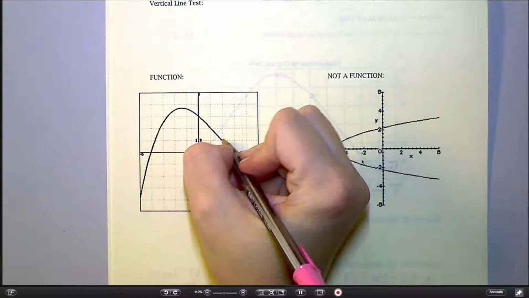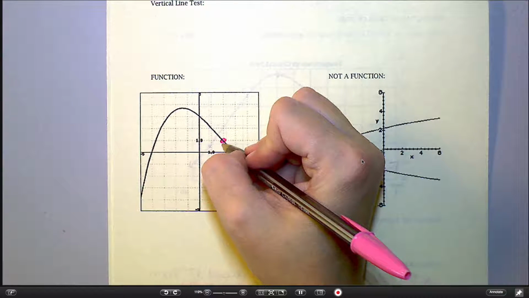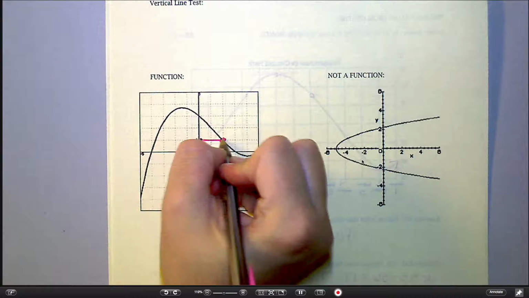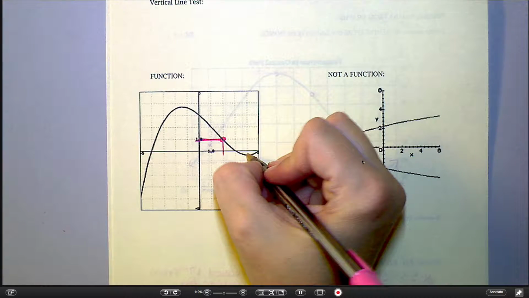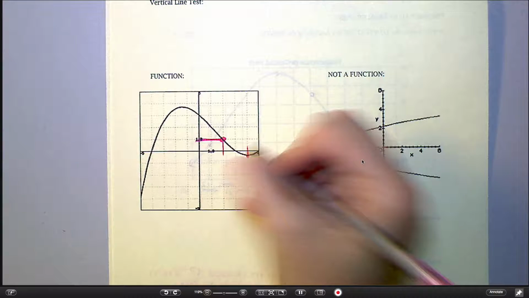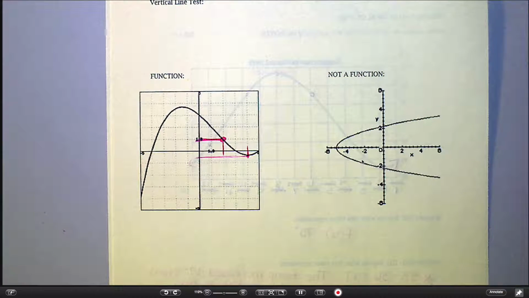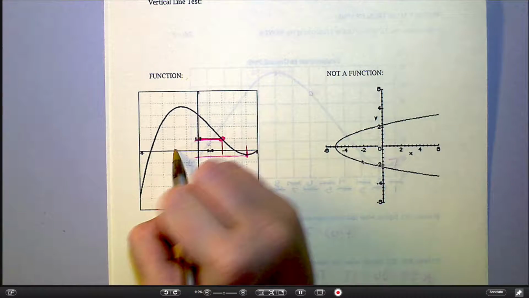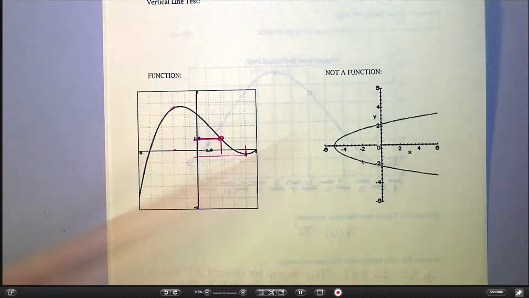So if I pick out this point, that point is saying this X value pairs with this Y value. So you want to make sure that for every X place that I find, there's only one place on the graph that would match up with it.